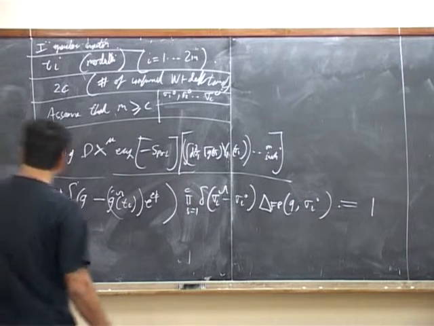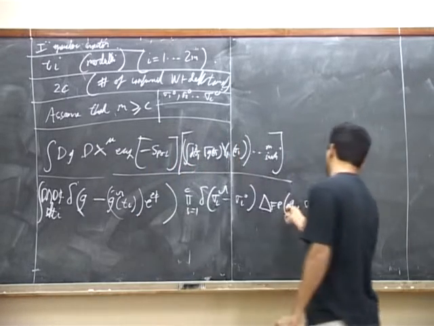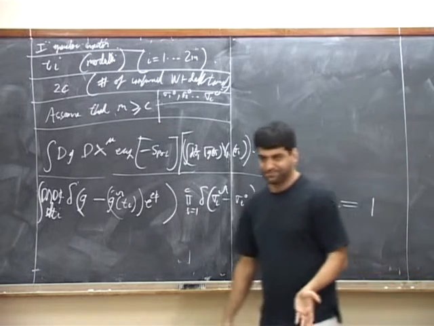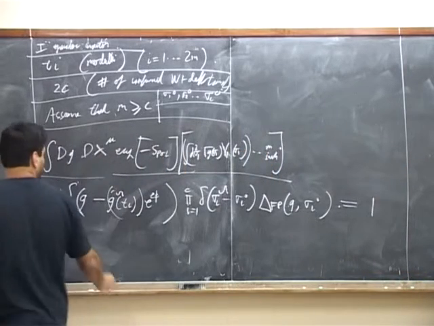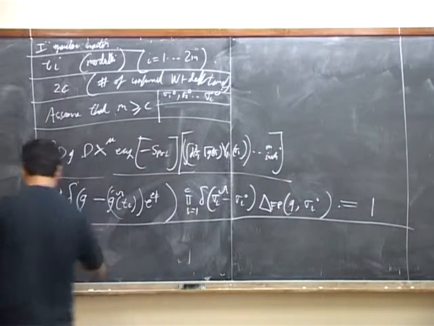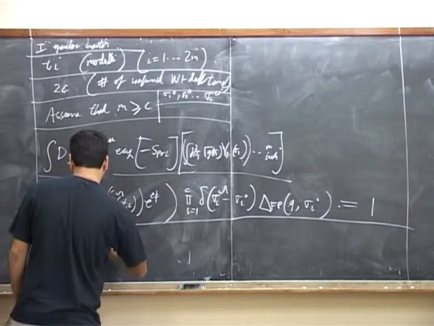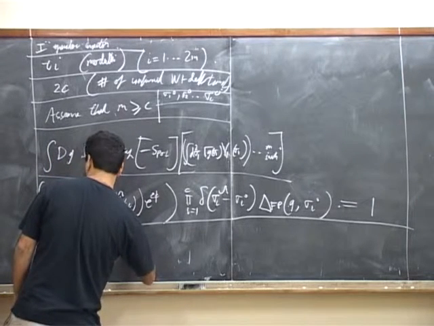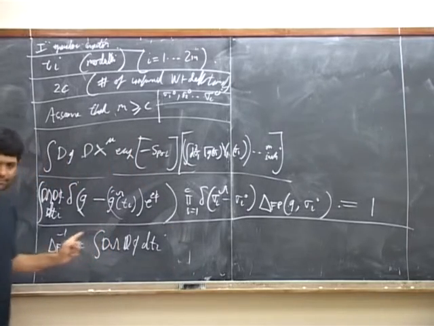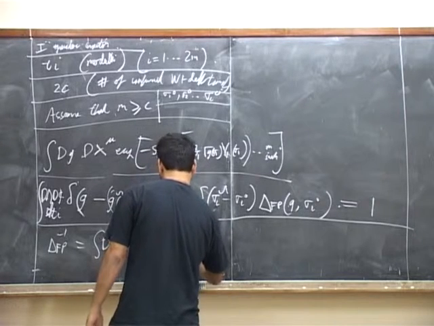Now, since the integral here is over omega, phi, and t_i, whereas this thing is a function of g and sigma_i0, this thing can be taken out of the integral, of course. So equivalently, we could say that our definition is that delta_FP inverse is equal to the integral d omega d phi dt_i times these delta functions.